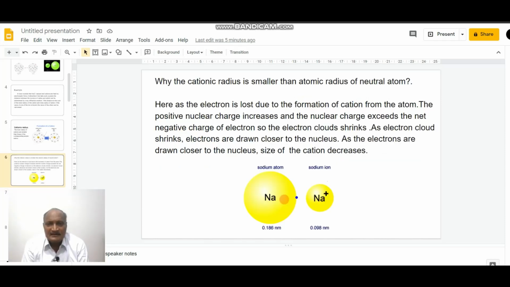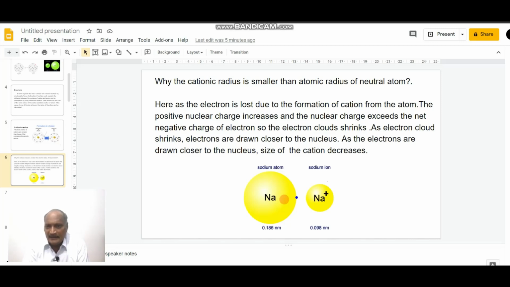As the valency electron is lost due to the formation of a cation from the neutral atom, the positive nuclear charge increases and exceeds the net negative charge of the electrons.